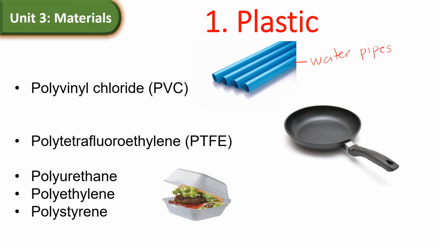Okay, PVC can also be found in your wires, your floor tiles at home, or other chemical containers. Number two is polytetrafluoroethylene, or PTFE, commonly known as Teflon. Teflon is very common in cooking products, especially in frying, because it doesn't melt easily, and it is strong, tough, and resistant to chemicals, and when you drop it, it doesn't break easily.